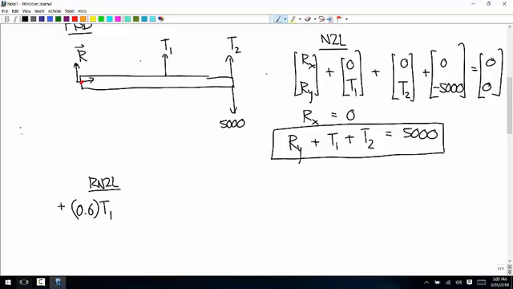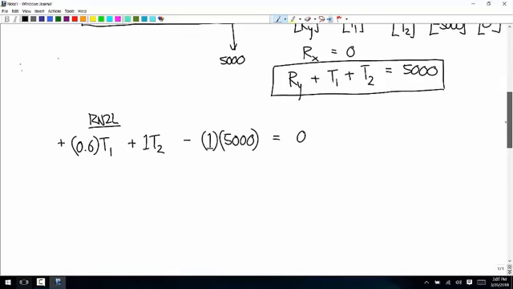Same with T2, and the moment arm for that is 1. And then the moment arm for the 5,000 is also 1. And that one's going the other way, so that's going to be negative. And these add up to 0. So we have 0.6 T1 plus T2 is equal to 5,000.